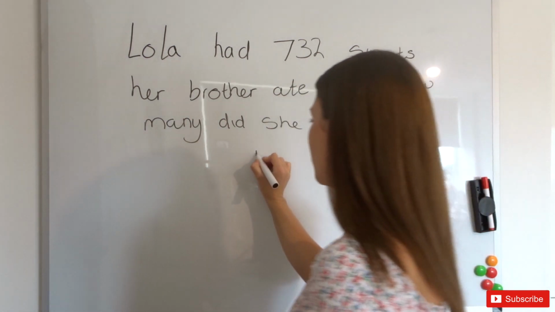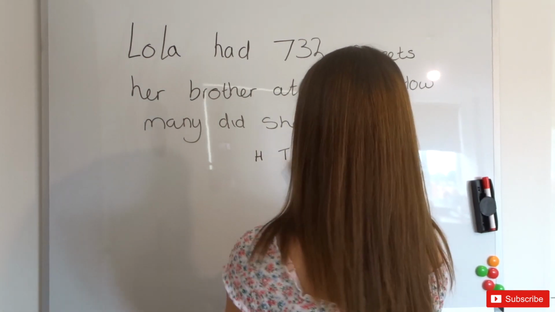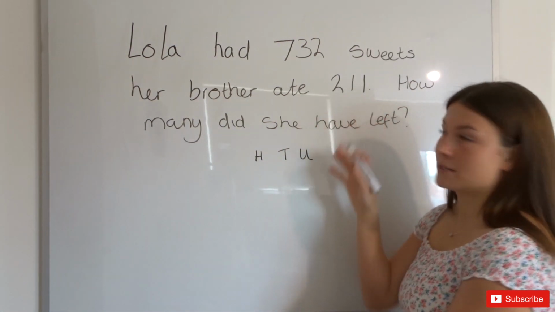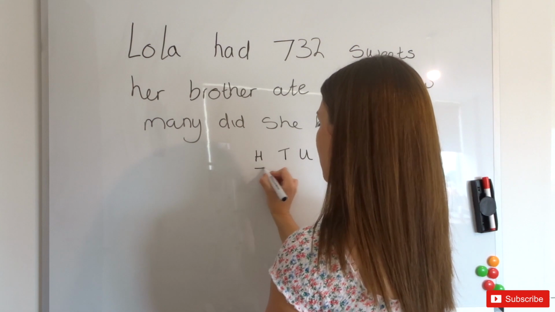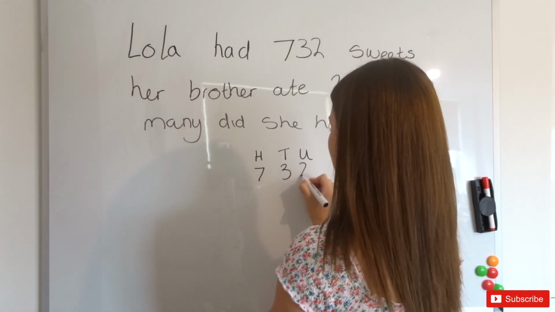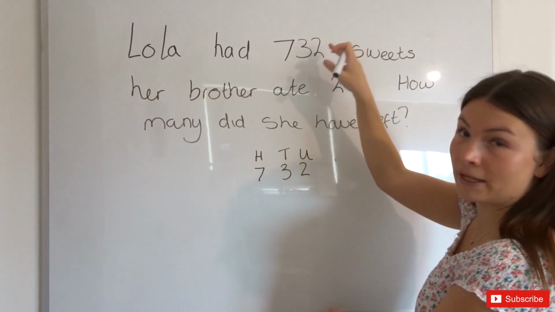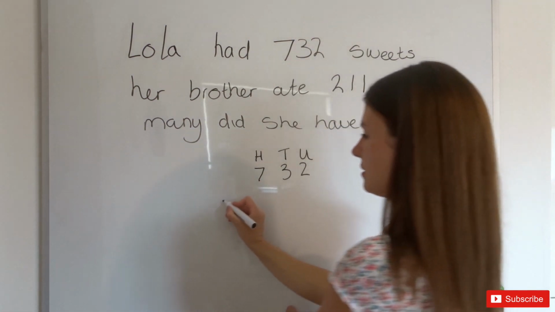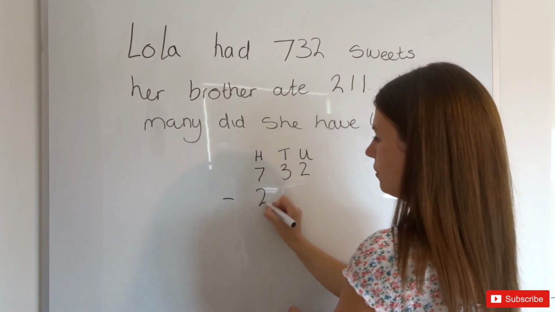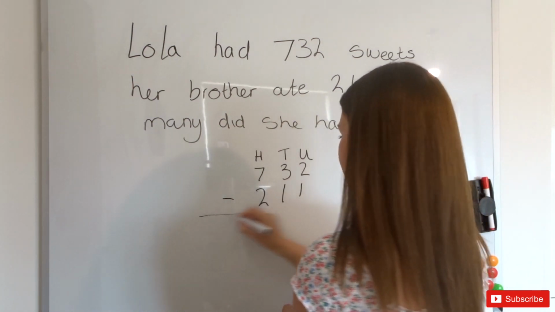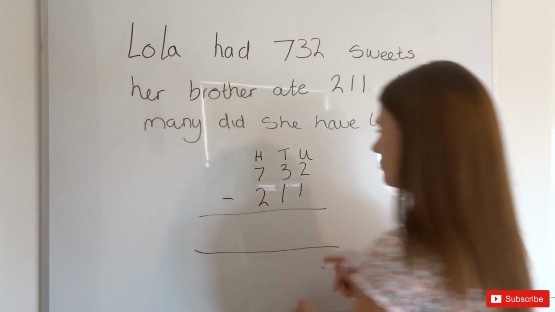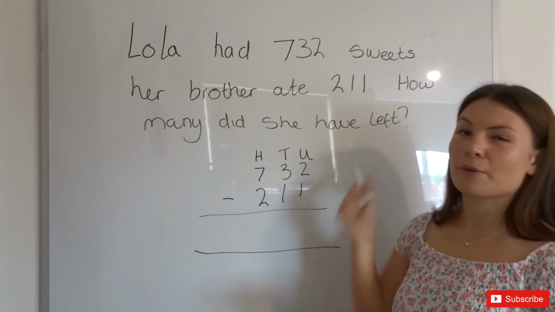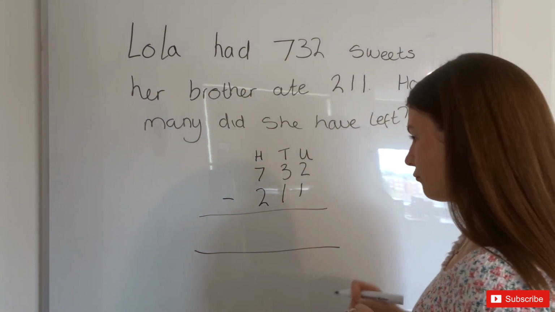So I'm just going to remember to put my hundreds, tens and units column there so that I don't get my numbers mixed up when I'm laying them out. 732 goes on the top because that is the biggest number, and that is the number that we are taking away from. Take away 211. It's really important to remember lay your numbers out in the correct columns, because if you don't put them in the correct columns you will get the question wrong.